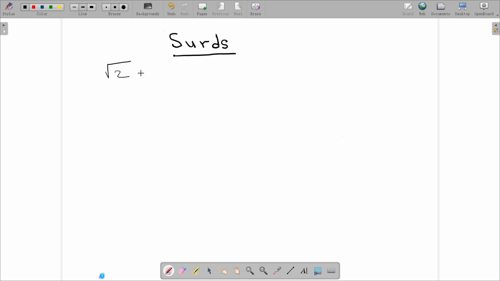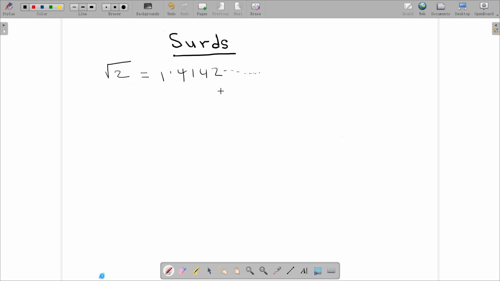If you take your calculator right now and input square root of 2, you're going to get a number like 1.4142. Of course, depending on the calculator that you're using, you're going to get different results.